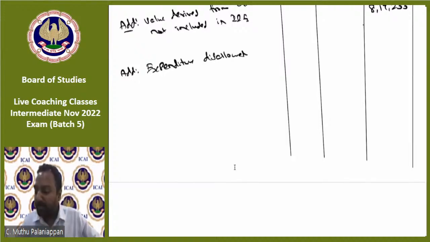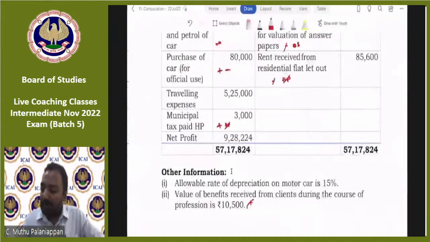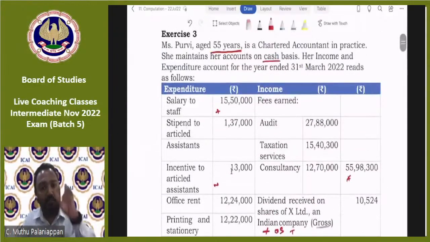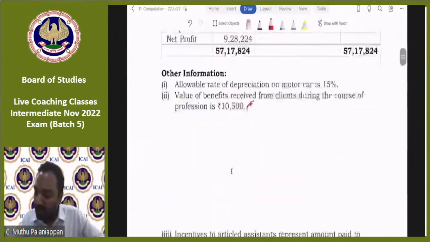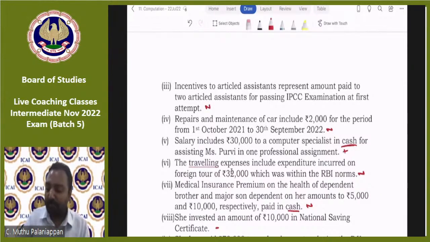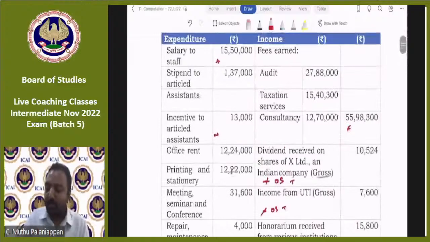So we'll go one by one. First, we'll start from the heads of expenditure order. So salary to staff, we have added plus. We'll go here below. What is that salary to staff? It was paid in cash. Salary includes 30,000 to a computer specialist in cash. We said it is not allowed under section 40A3 because it is a cash expenditure paid more than 10,000.